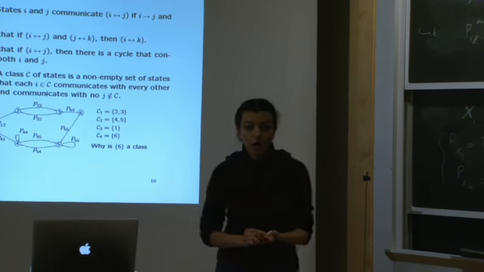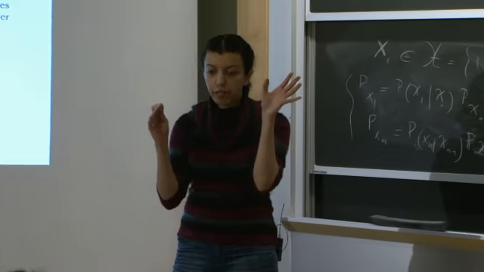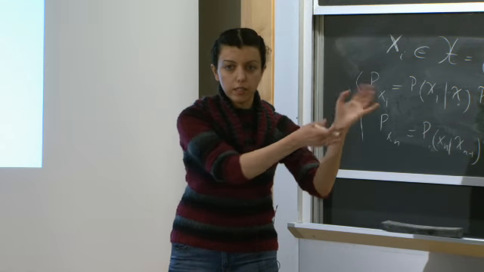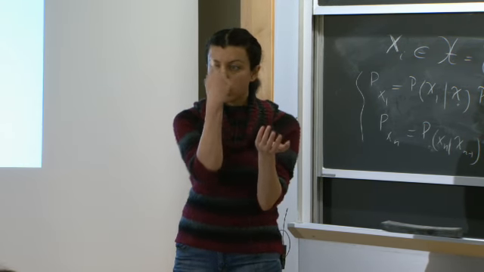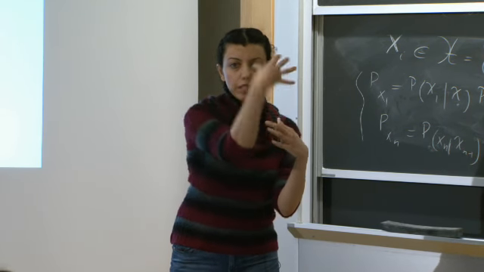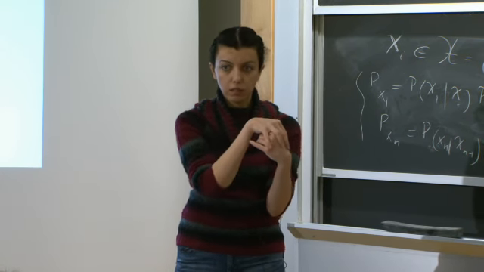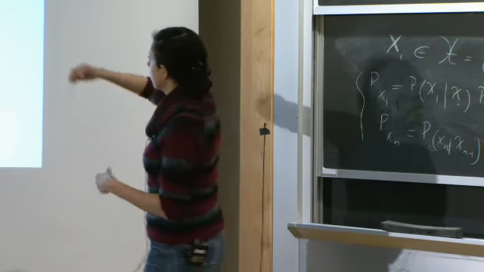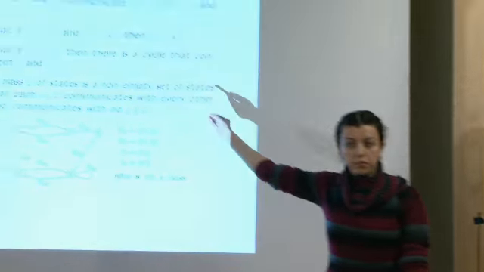I want to find all the states that communicate with each other in a class, so I can pick one state in this class and find all the states that communicate with this single state, because if two states communicate with one state, then these two states communicate with each other.